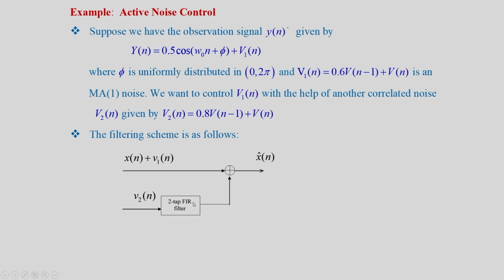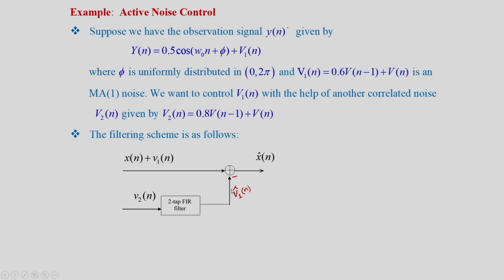Therefore, we can estimate v1 hat(n) here, and this estimated value will be added here, so that it is positive and this is negative, and this part will be cancelled by v1 hat(n). This is the active noise control, so that ultimately we will get the noise free part of this noisy signal.